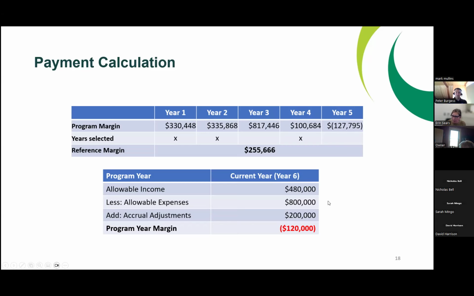And then let's look at this current year. Let's say this year you have allowable income of 480,000 and allowable expenses of 800,000. You have to factor in these accrual adjustments. Many producers here in Nova Scotia file their taxes cash accounted rather than accrual accounting, and this program is designed with accrual.